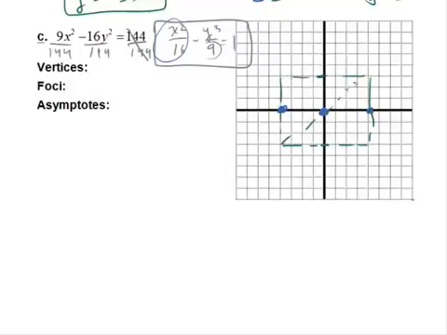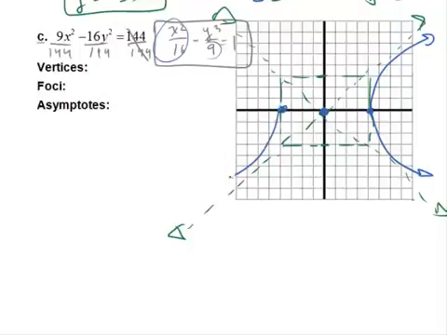And then the asymptotes running through the corners. And then go ahead and make your arms of your hyperbola. All right. And now vertices, -4, 0, +4, 0.